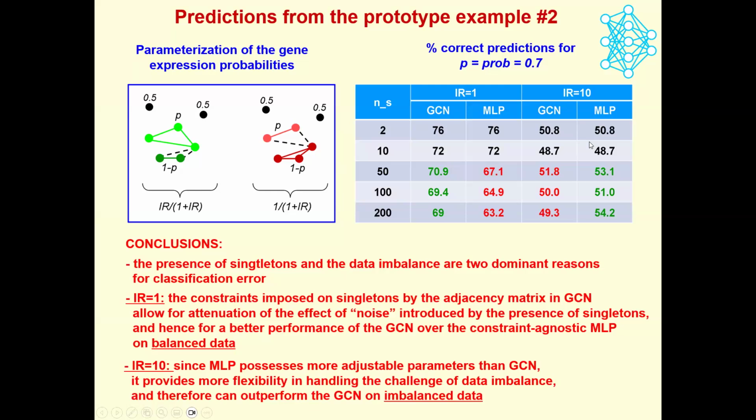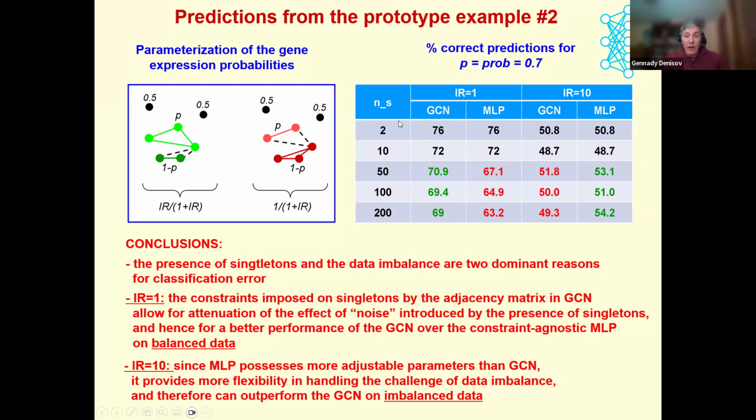Gennady, there's a question from the chat. Is there any evidence that either of those models would behave better if you completely excluded singletons from the prediction task? For this one, I think I showed. Yes, you can exclude singletons. Actually, the previous model is without singletons, so definitely you will get the answer.